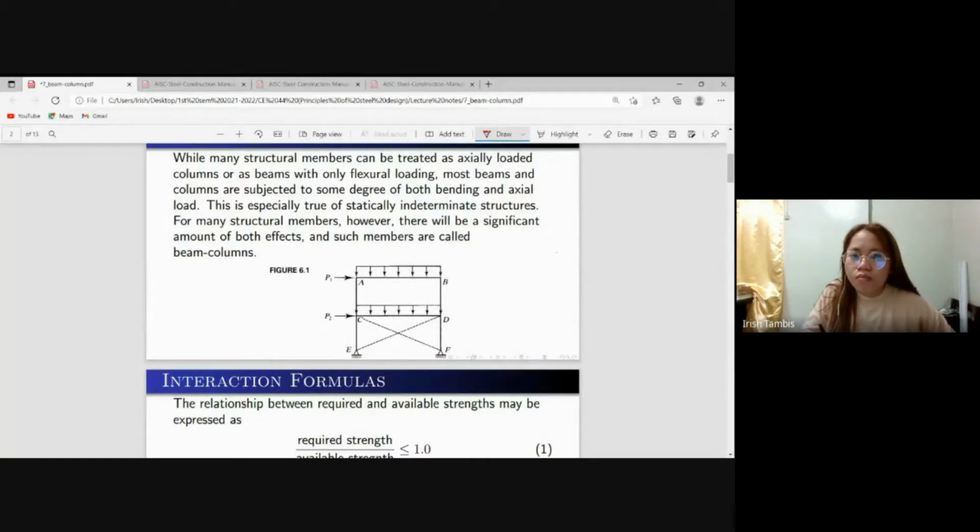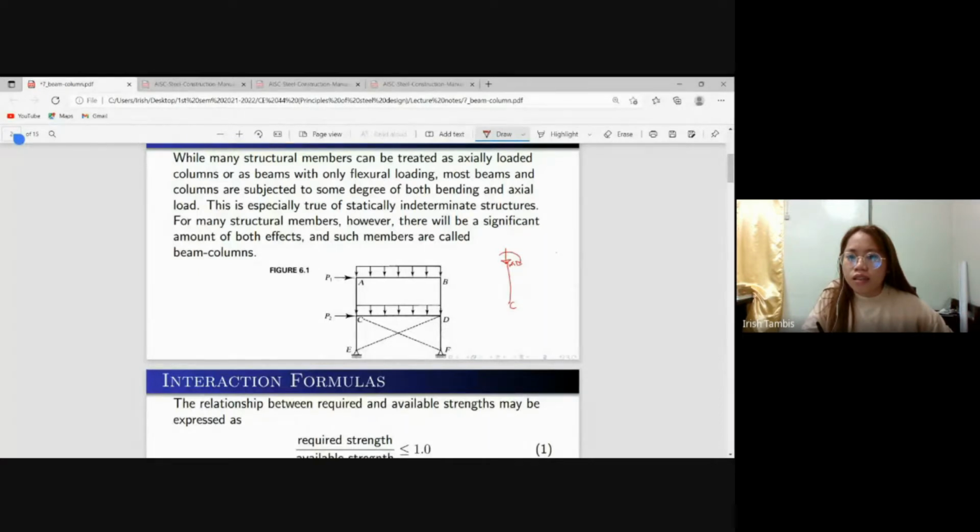For example, that column AC, that is actually subjected to both, this point here, this A and C. Because of these lateral loads, for example, wind load and earthquake loads, this column will be subjected to axial load and also bending, because of also these vertical loads at A, B, no?